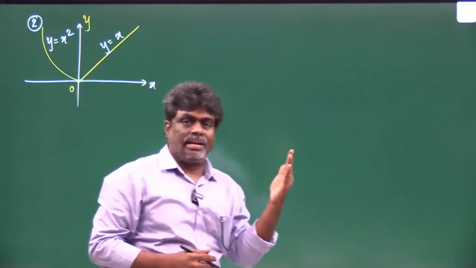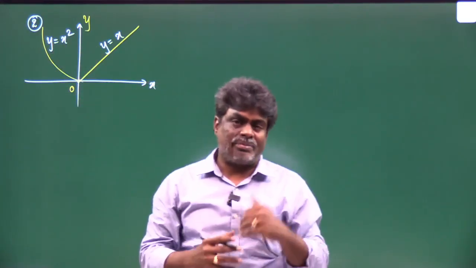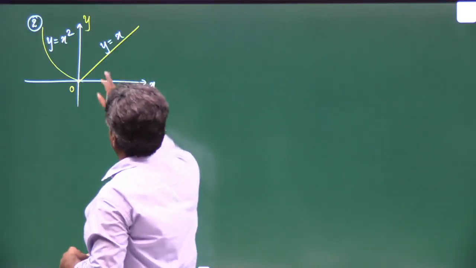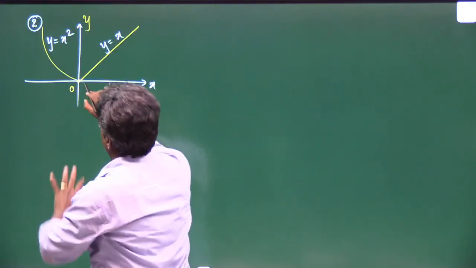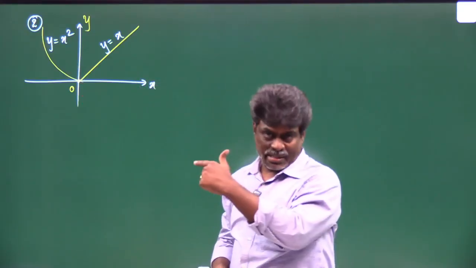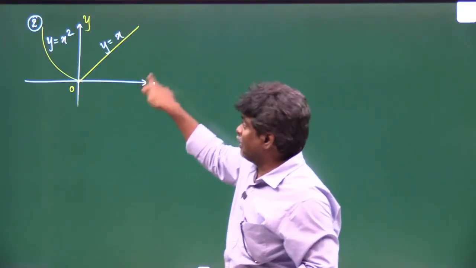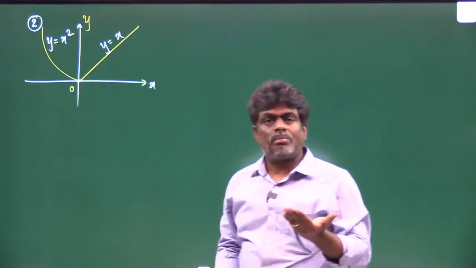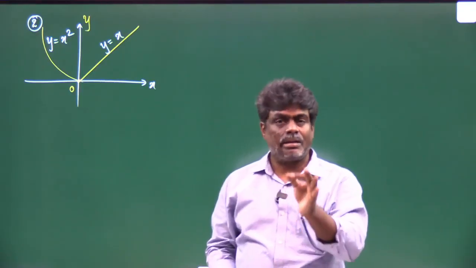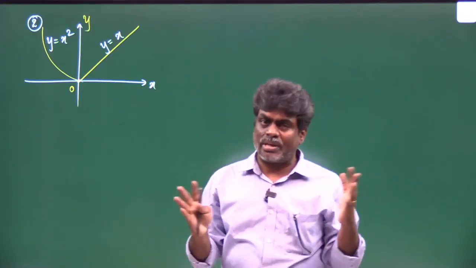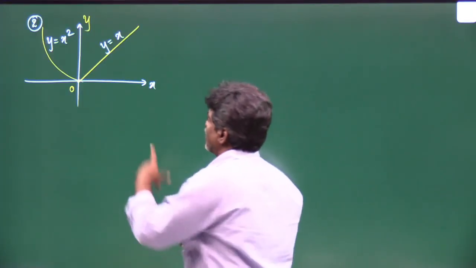So on the left side of 0 we have the function y equal to x square, and on the right side we have the function y equal to x. They are asking whether the function will be differentiable or not at x equal to 0, but it is continuous, no doubt it's continuous. How will you check? By using limits. Just find the left side limit and the right side limit. If both are the same, then we can say that the function is continuous.